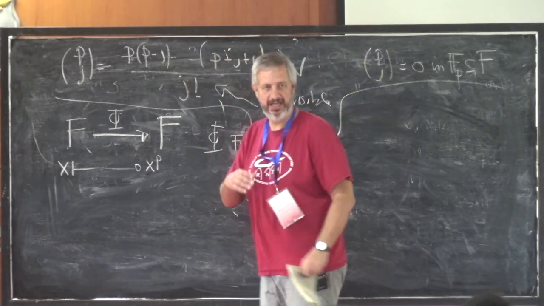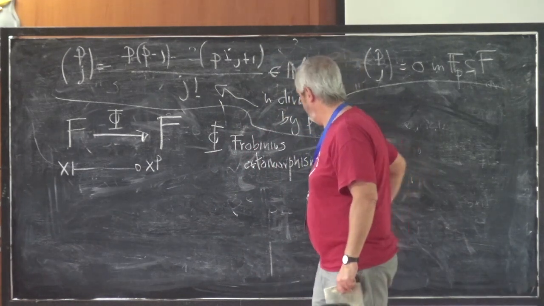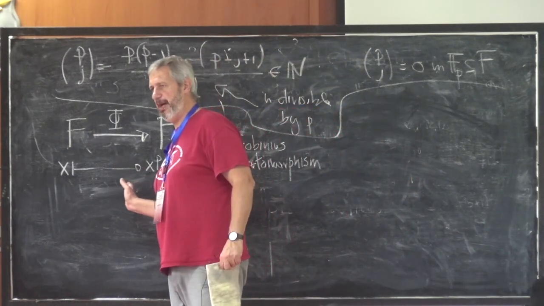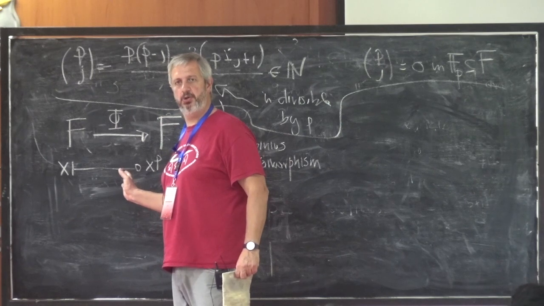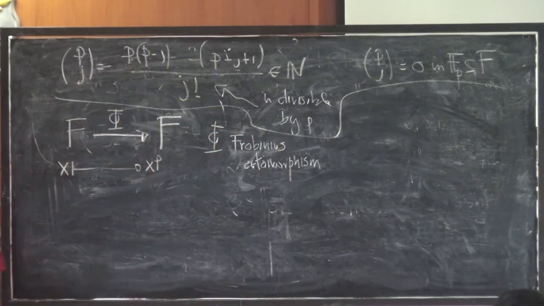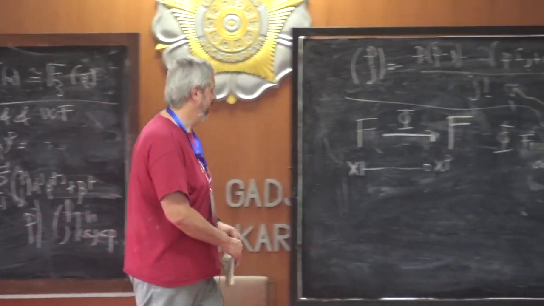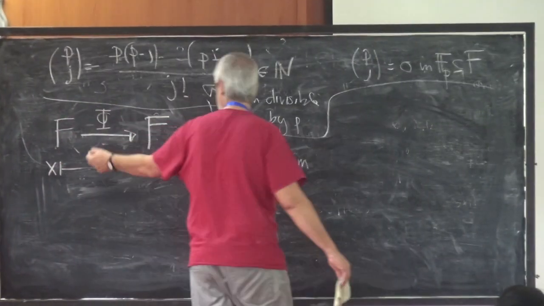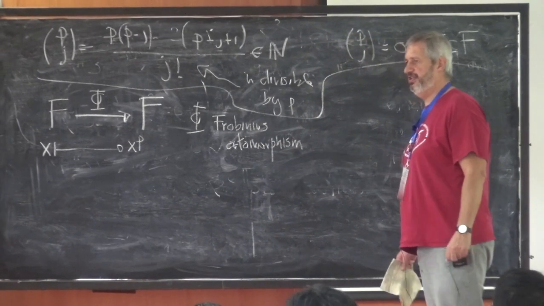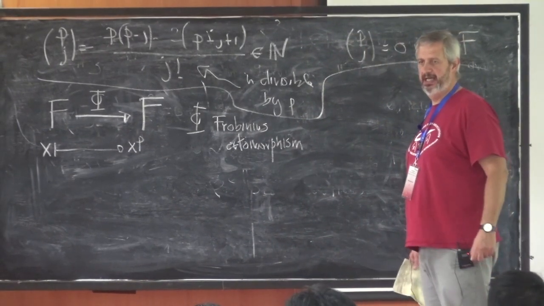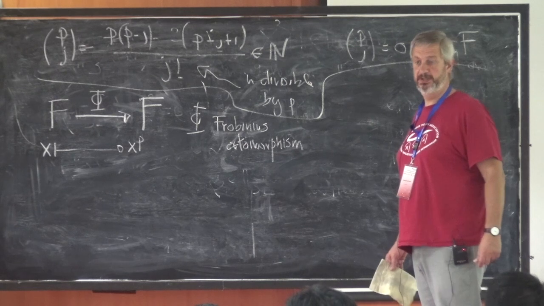Automorphisms are really relevant in Galois theory. So this is certainly an injective mapping. Certainly the product goes into the product and the sum goes into the sum, because of the Frobenius formula. And being an injective mapping from a finite field into itself, it has to be an isomorphism.